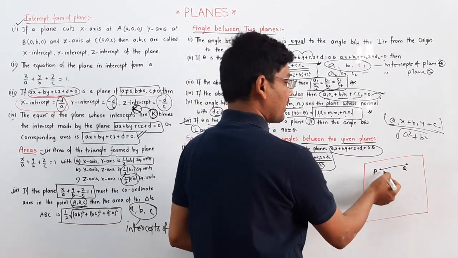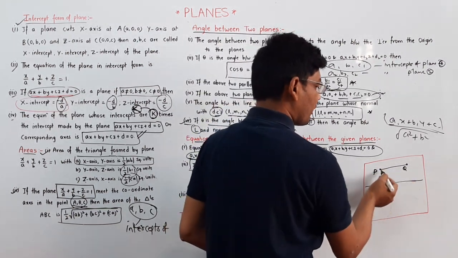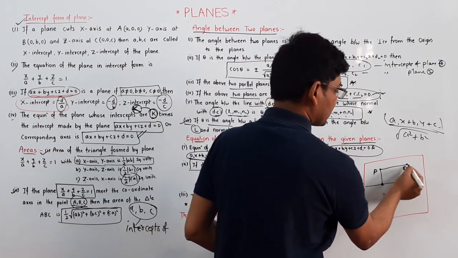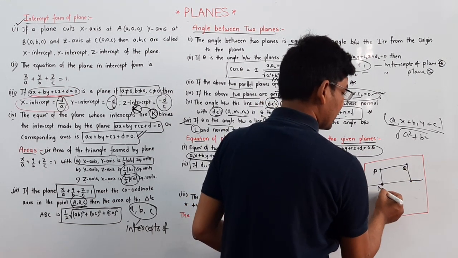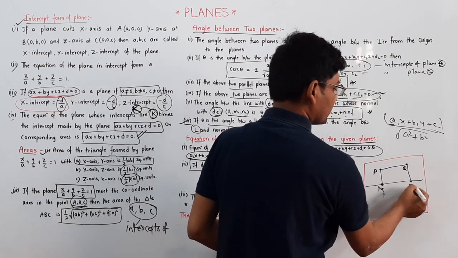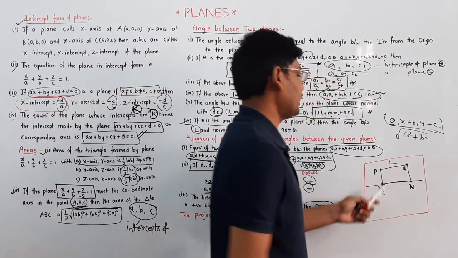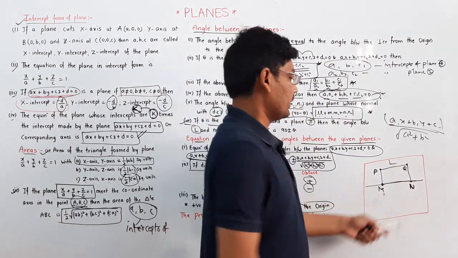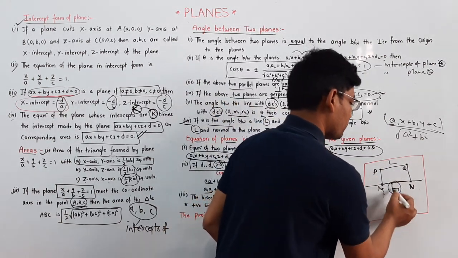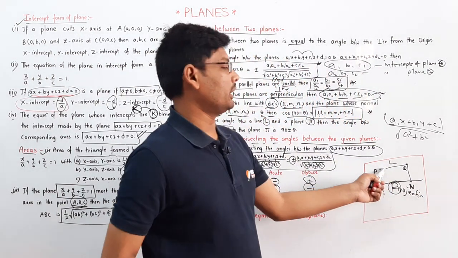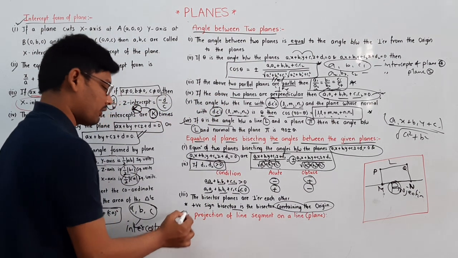The projections of P and Q, the feet of the perpendiculars, are M and N. MN is the projection of the line PQ. This is all about the projection of a point.